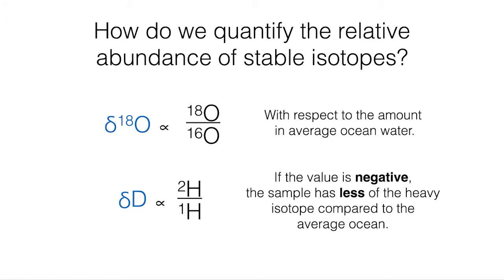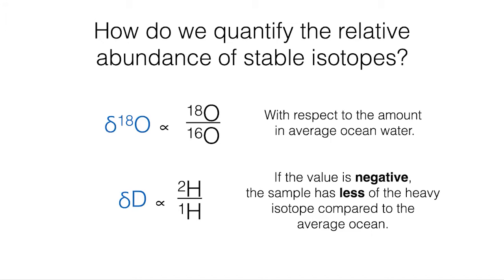Rarely, some of the oxygens in that water will be oxygen 18, which means it has a couple extra neutrons. Despite those heavier isotopes being pretty rare, and the mass difference being very small, just a couple of neutrons, we can actually measure the relative amount of the heavy oxygen 18 isotope to the lighter oxygen 16 isotope in any sample of water or ice or anything that we find.